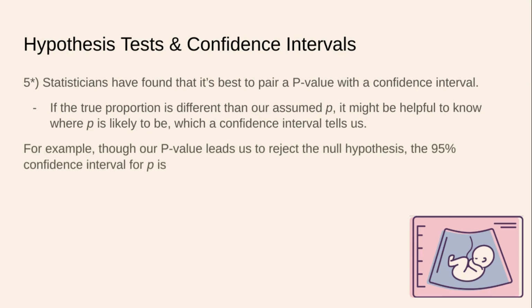For example, though our p-value leads us to reject the null hypothesis, the 95% confidence interval for the true proportion of male births in this part of India is in that interval right there. We're 95% certain that p is between about 53 and 61%.